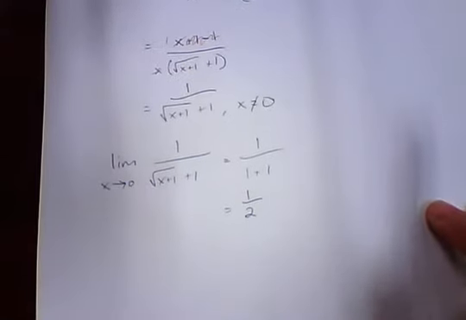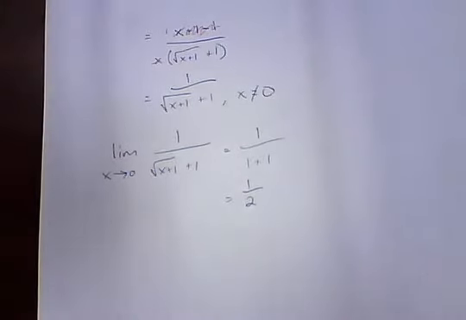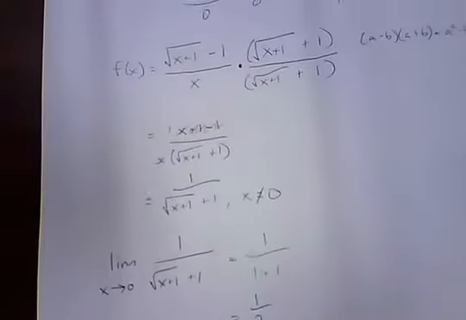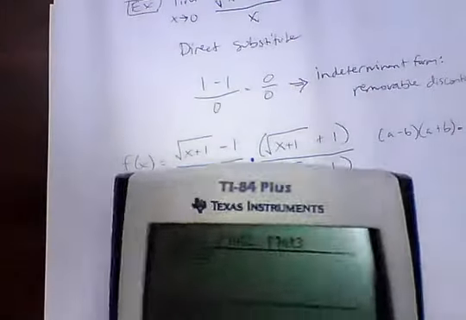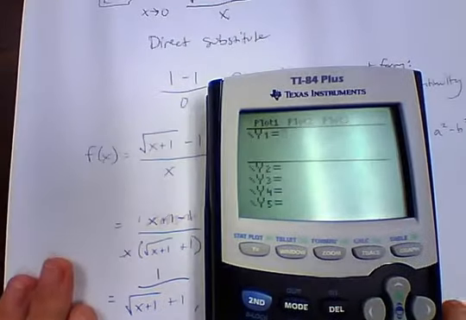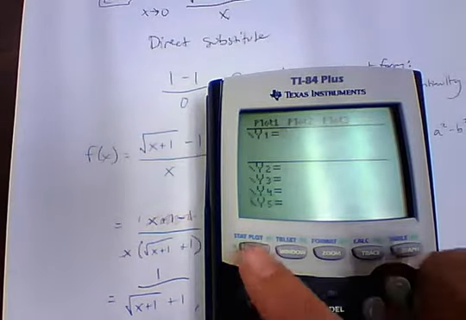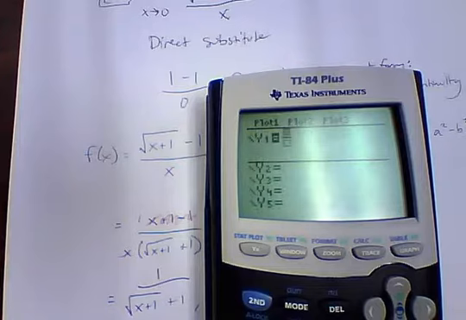And again, if you graph it, be careful because the hole might not show up on the graph, but we can always look at our table or we can calculate that value. So let's do that. For our function, let's start with our original. Let's plug that into our y equals. So let's type in the fraction bar first, so alpha y equals, press enter.